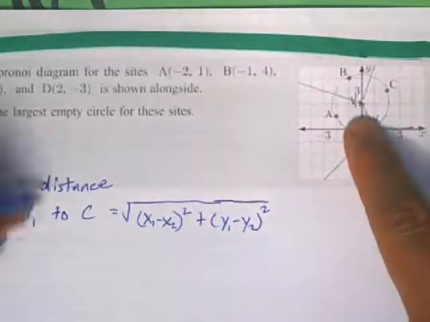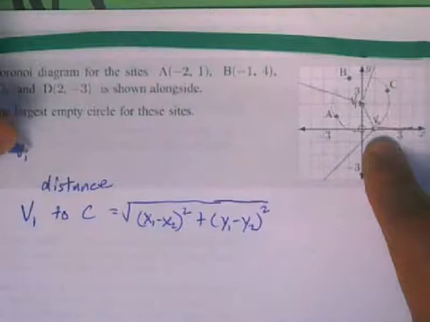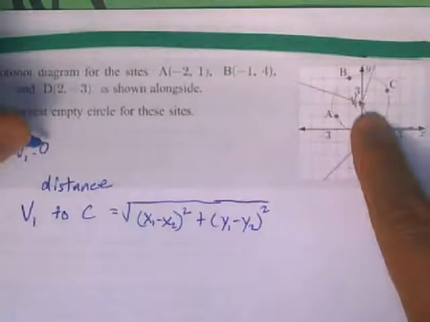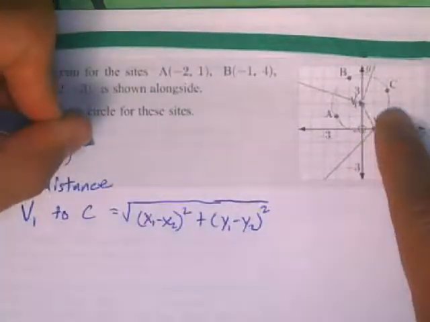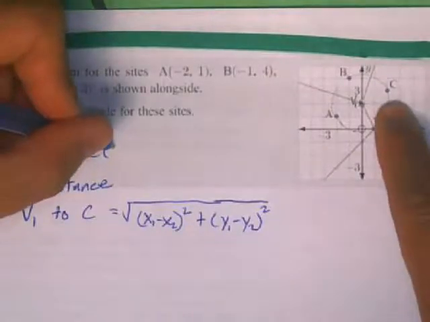So V1 is at coordinates 0, 2, and C is at coordinates 2, 3, right?